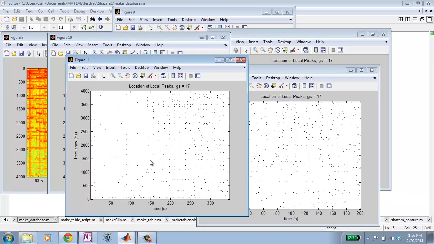And then record each of those pairs in a big table. So you just save the exact time and frequency of each pair. In a table, you sort it, you stick them in this table, and then you do the same thing for the clip you're trying to identify, and you use that table to try to find the best match.